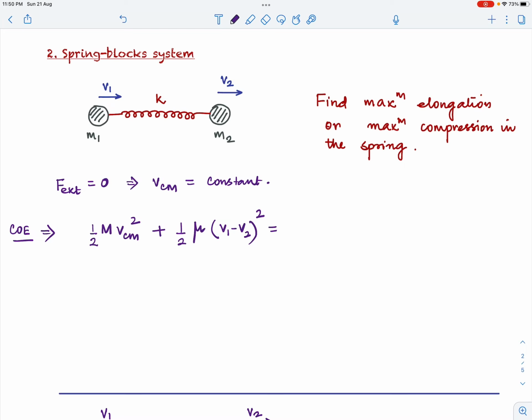These two terms cancel out, this term is anyway 0, and you get your answer in this one single equation. You are supposed to find x, where you know everything else except x, and you can just solve this equation and get your answer. See how, without using the law of conservation of momentum, you are able to solve this question easily by using the reduced mass concept.